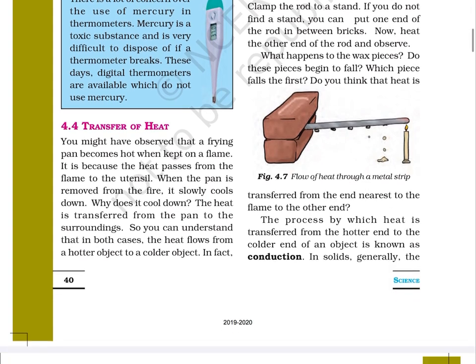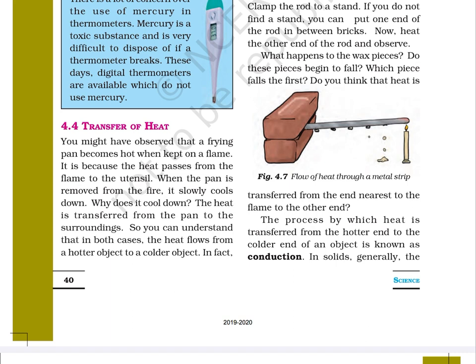4.4. Transfer of heat. You might have observed that a frying pan becomes hot when kept on a flame. It is because the heat passes from the flame to the utensil. When the pan is removed from the fire, it slowly cools down. Why does it cool down?